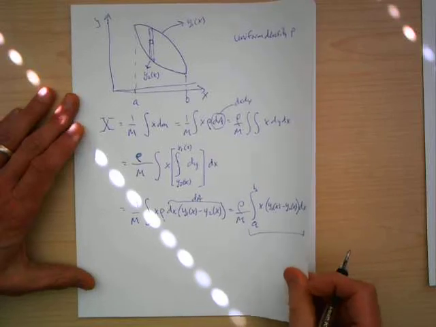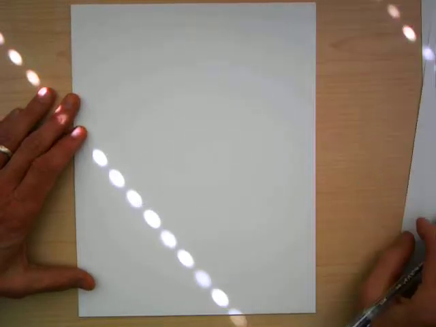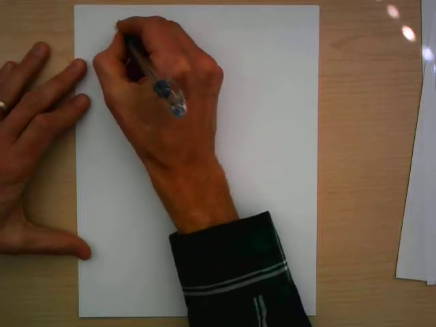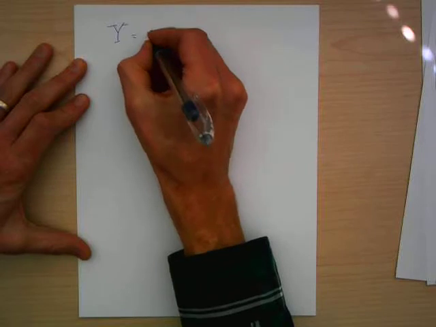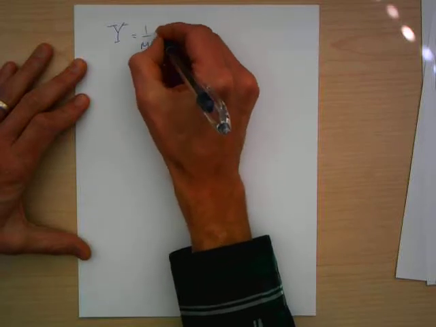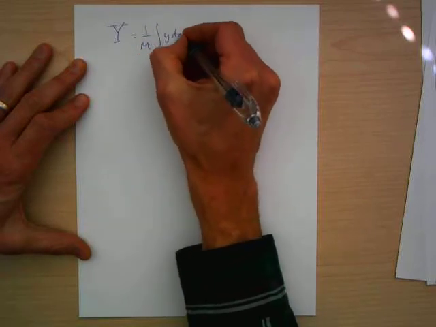All right. What about the y coordinate? I'm going to do something similar, so let's just get the definition. The y coordinate of the center of mass is 1 over the total mass times the integral of y dm.